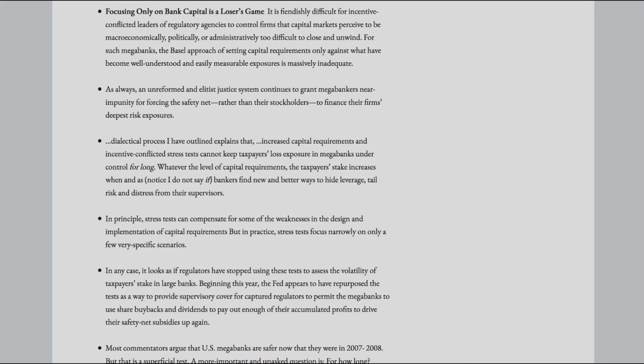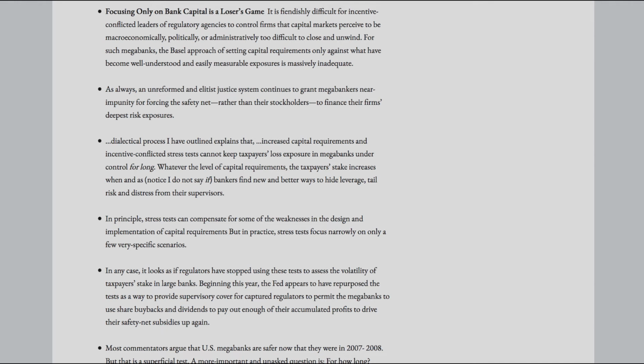For such megabanks, the Basel approach of setting capital requirements only against what have become well understood and easily measurable exposures is massively inadequate. As always, an unreformed and elitist justice system continues to grant mega bankers near impunity for forcing the safety net, rather than their stockholders, to finance their firm's deepest risk exposures.